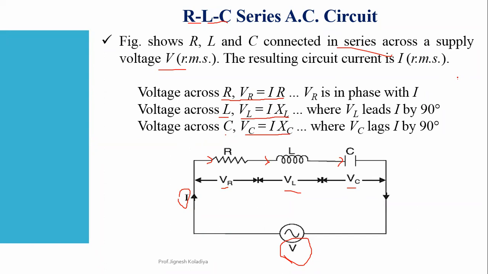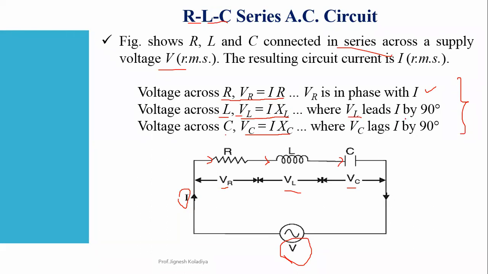And all of you know the relation between voltage and current phase shift. VR is in phase with I in case of resistor. As XL is mentioned, we are talking about inductive voltage, and the inductive voltage VL leads.